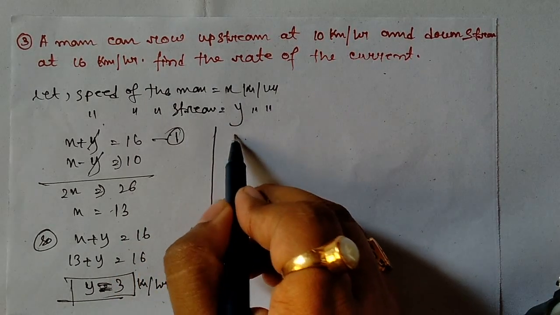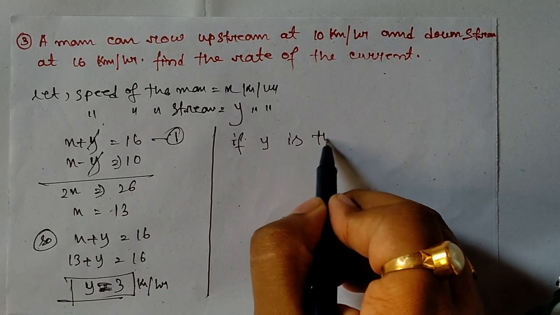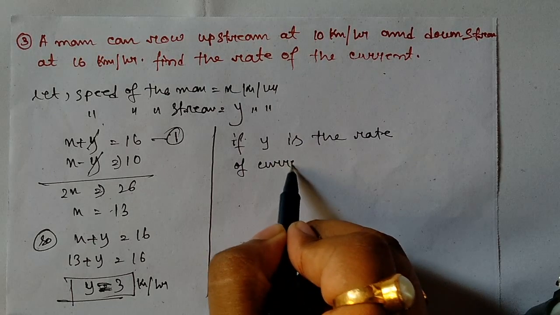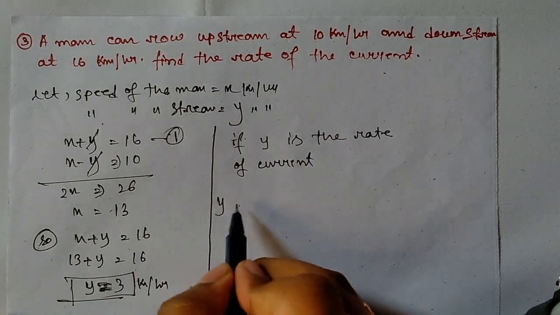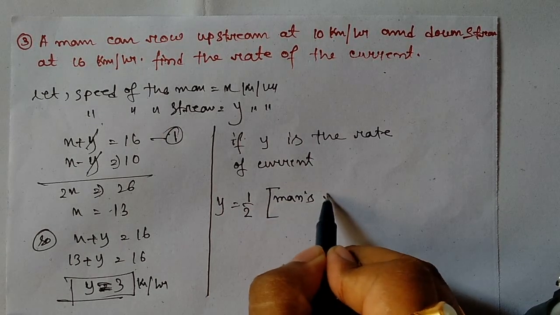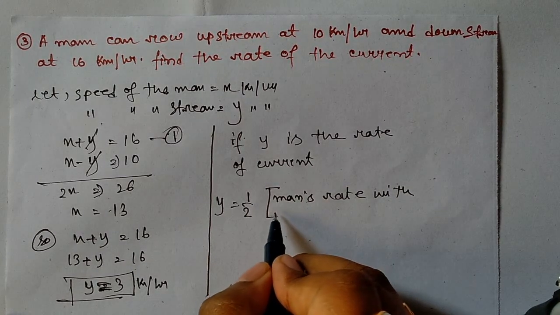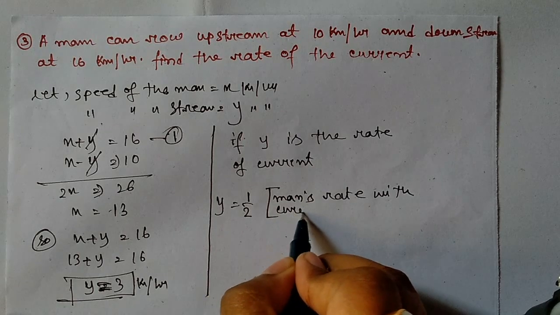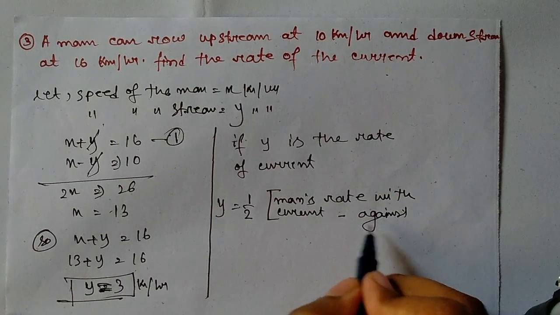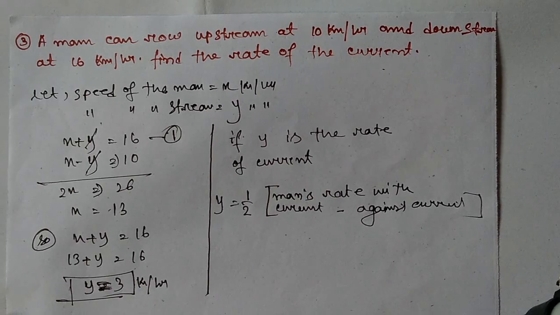So if y is the rate of the current, meaning the stream, then y is equal to half of the man's rate with the current, with the stream or current, minus against the current.